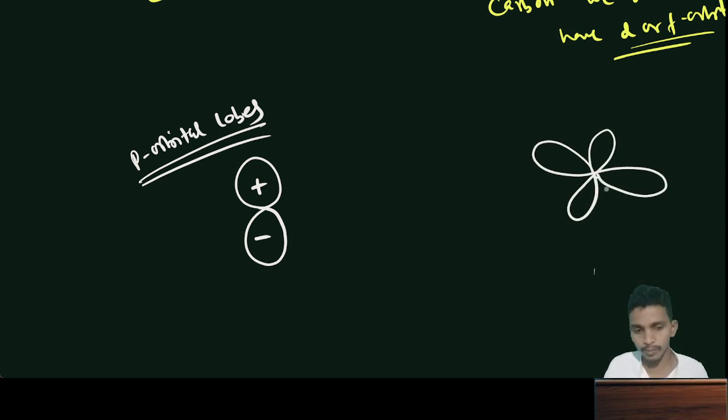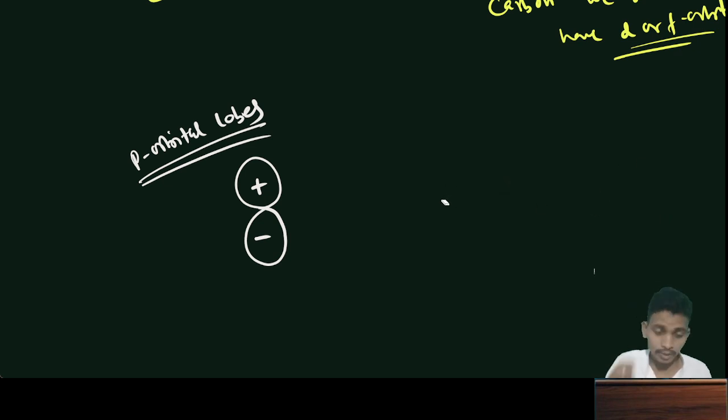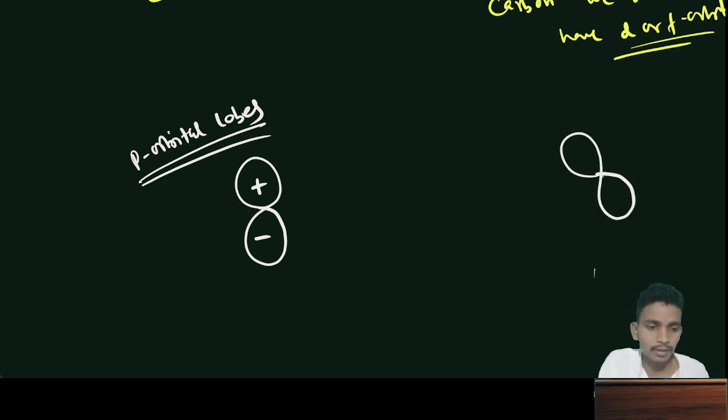But we will not discuss the d orbital because it is not present in carbon. We will talk about p orbital lobes. How many lobes does a p orbital have? Two lobes. A d orbital has four lobes, but p orbitals have two.